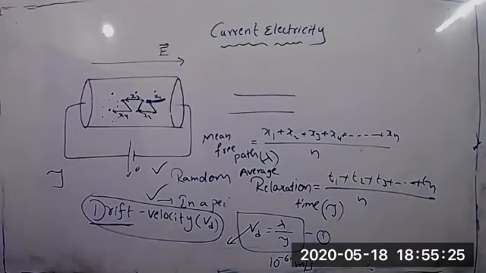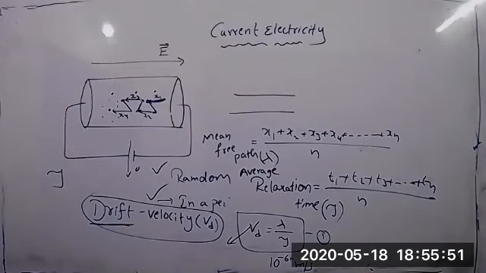What is that value, sir? 10 to the power minus 6 meter per second is the drift velocity. Drift velocity is the minimum velocity, meaning a very small amount of velocity, 10 to the power of minus 6 meter per second. With that velocity, a particle will drift.